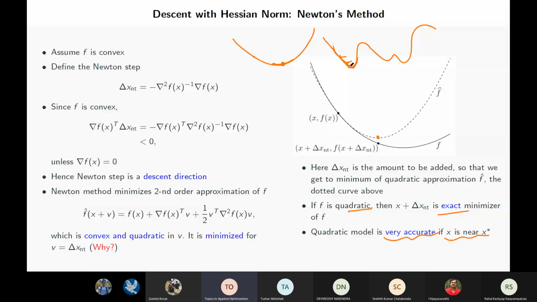So when I'm near x star, the quadratic will overlap and I will rapidly converge.